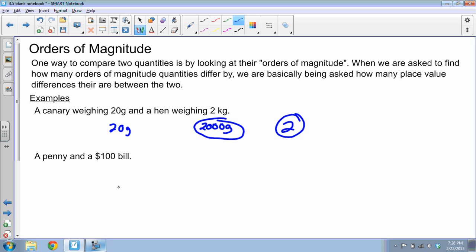So let's do the same thing on this one. A penny, so that's 1 cent, in case you didn't know, and a $100 bill, so that's 100. Well, how far apart are these?